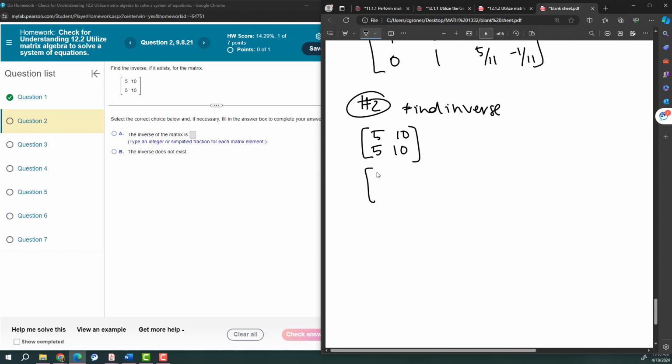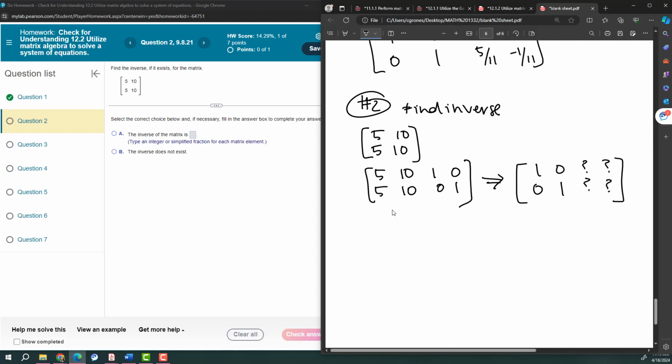We're going to do it the same exact way that we just did. We are going to add the identity matrix on at the end. And remember, our final result is going to be 1, 0, and then some values, and then 0, 1, and some values. So this is what we're looking for.